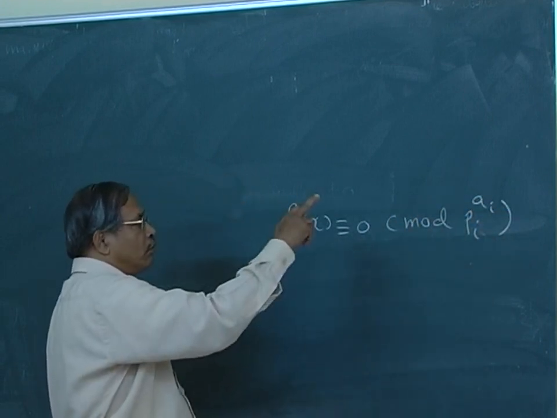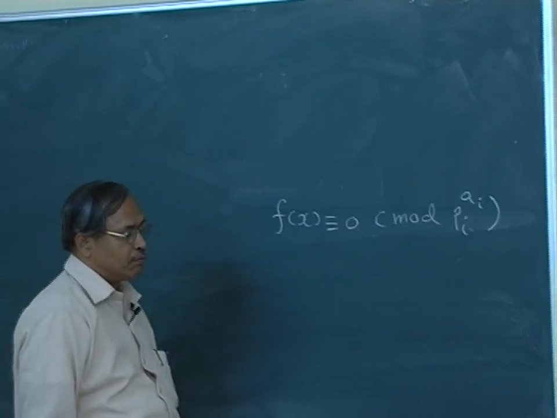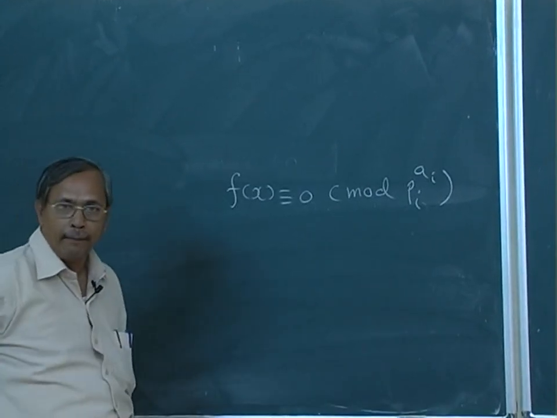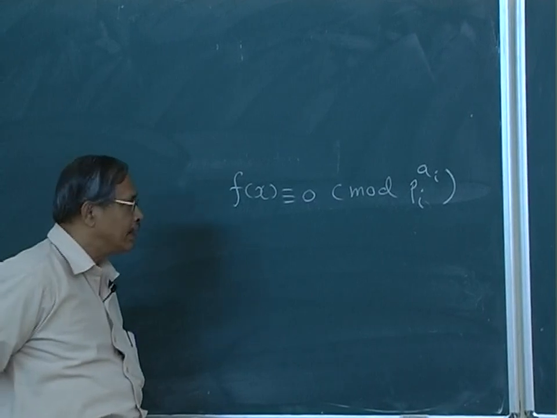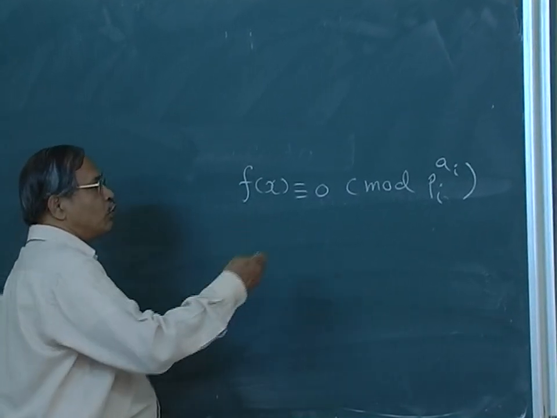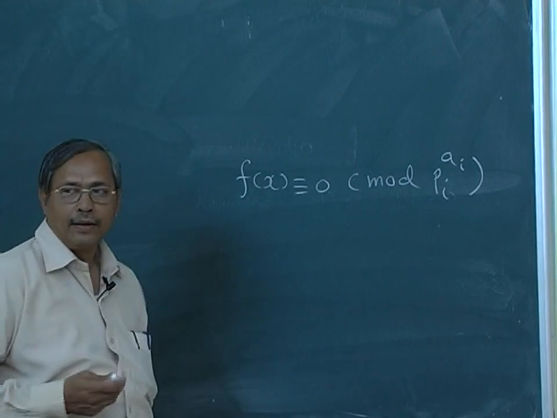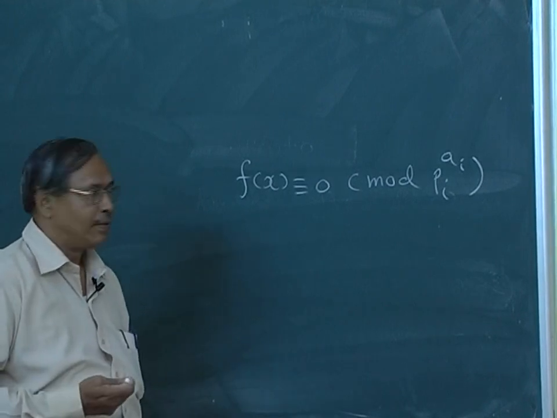If you know all these solutions for various p_i dividing m, then you combine solutions by Chinese remainder theorem.